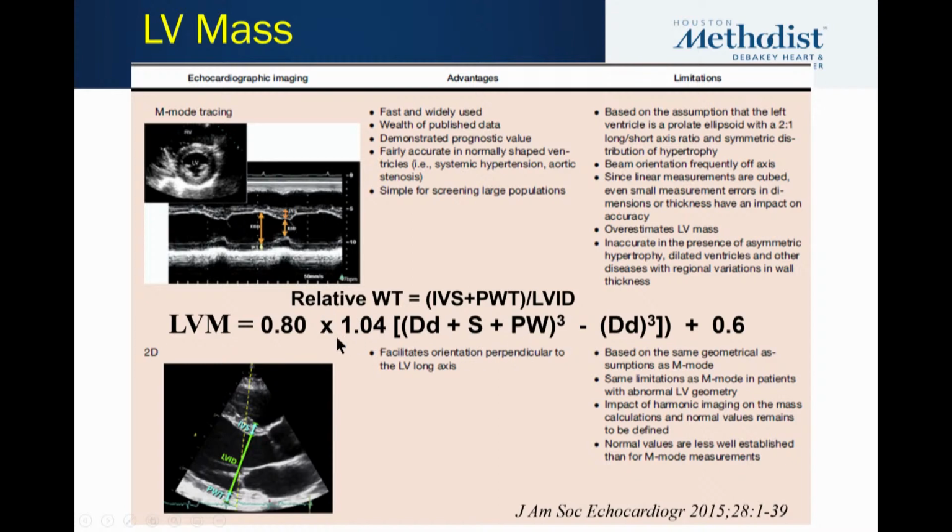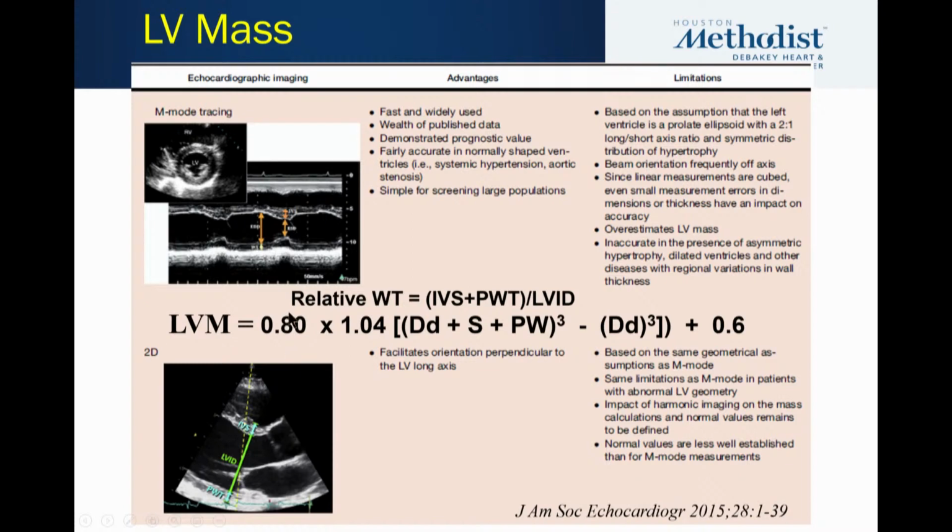So in the document, what they did is they validated that this equation can also be applied with measurements from 2D instead of from M-mode. So you get the LV mass as long as you are measuring a representative thickness. So when you have equal thickness across, this works well. However, if you have a lot of asymmetric thickening, for example, the base of the septum being thicker than the rest, you can have some problems.